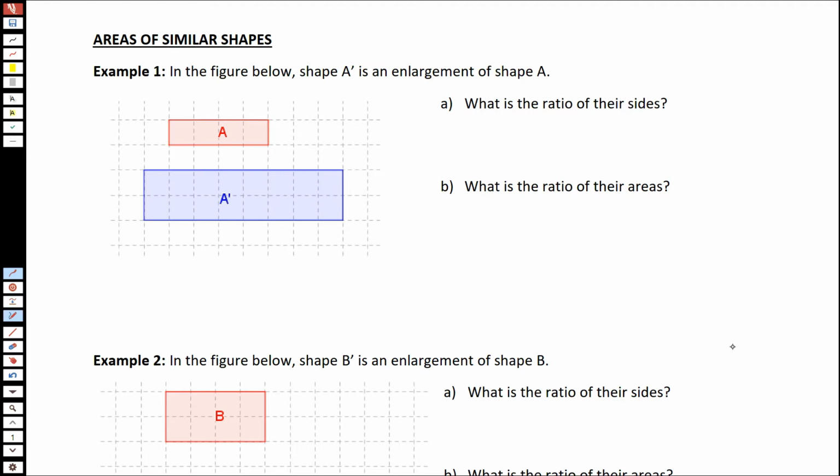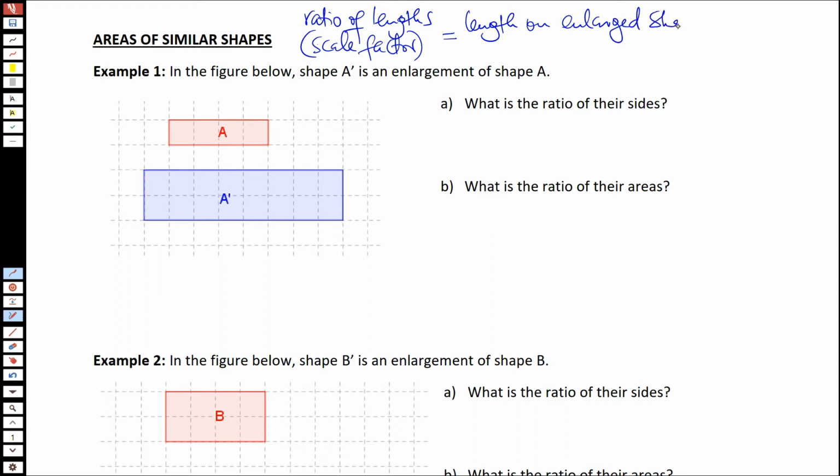So basically, scale factor is the ratio of lengths. Ratio of lengths is also called a scale factor. And this is basically the length on the enlarged shape divided by the length.